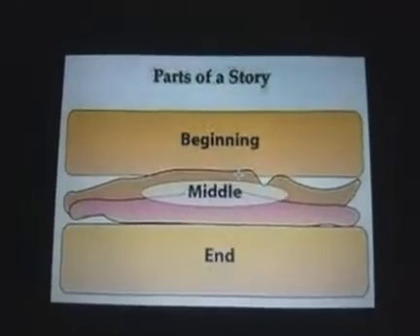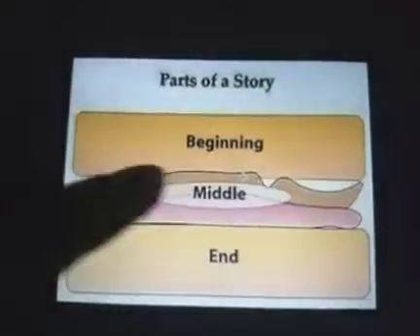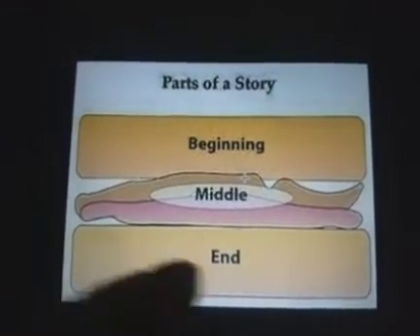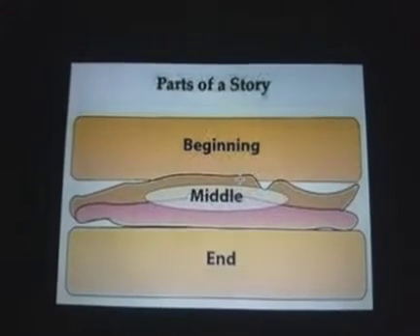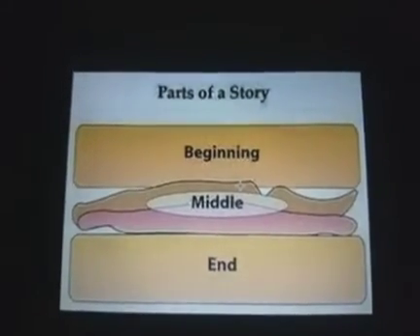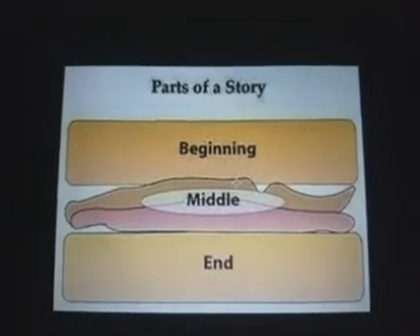In the middle. So this is the first slice, the top slice, and that's called the beginning of the story. And the bottom slice is the end of the story. And the middle part, all the filling that you put in your sandwich, is the middle of the story.